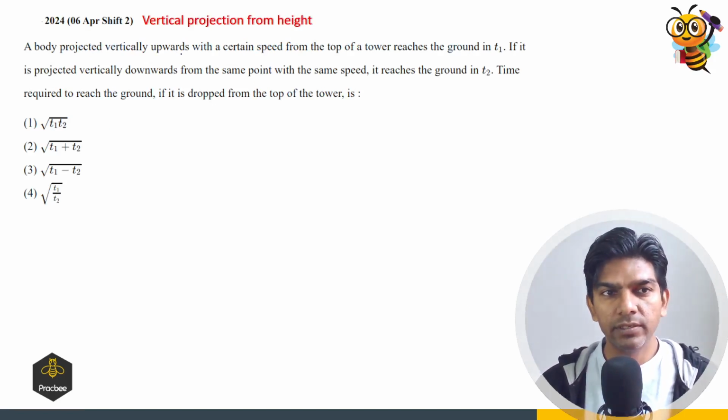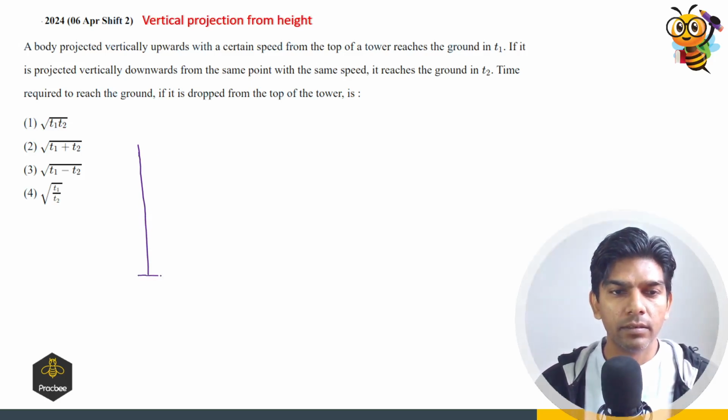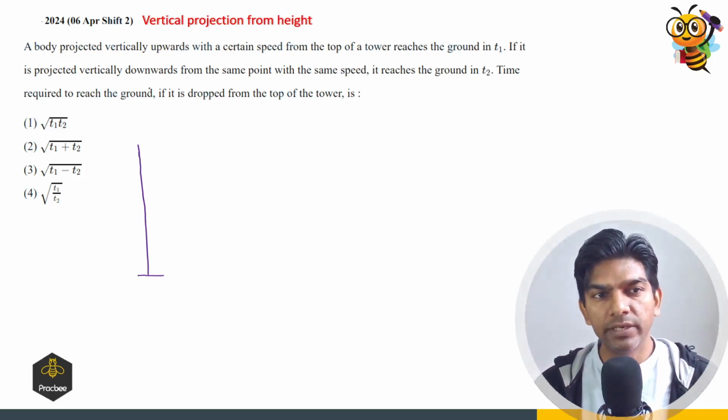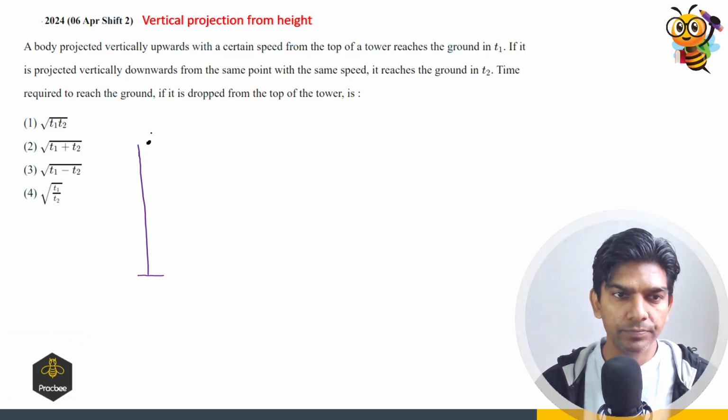A body projected vertically upward with a certain speed from the top of a tower reaches the ground in t1. So we have a tower and a ball is projected vertically upward. Let us say the velocity is u.